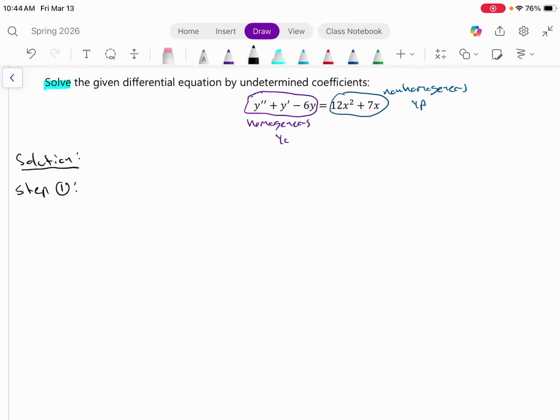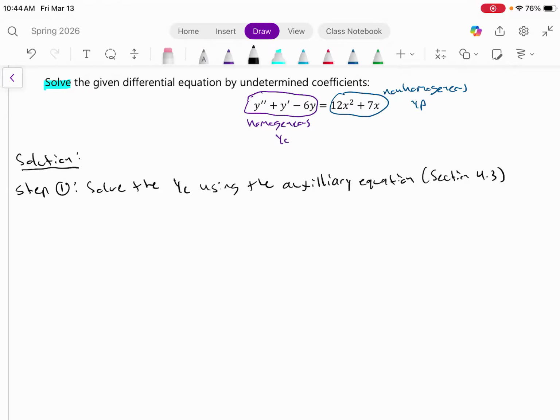Step one, solve the complementary solution, y sub c, using the auxiliary equation, which is from section 4.3. So we're using this method from 4.3 to solve this homogeneous part.